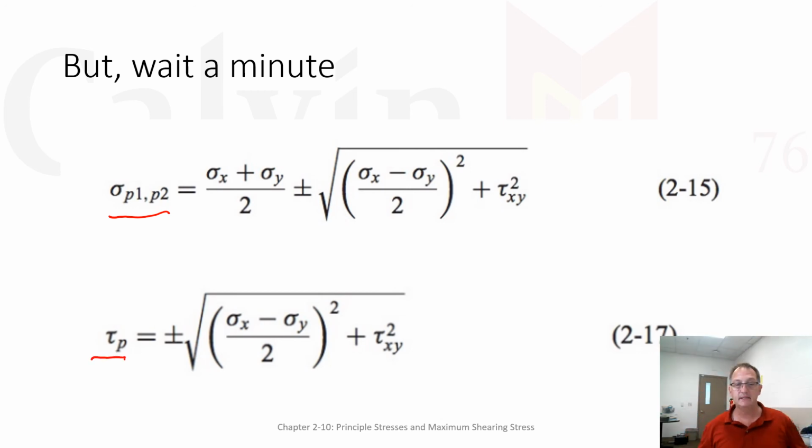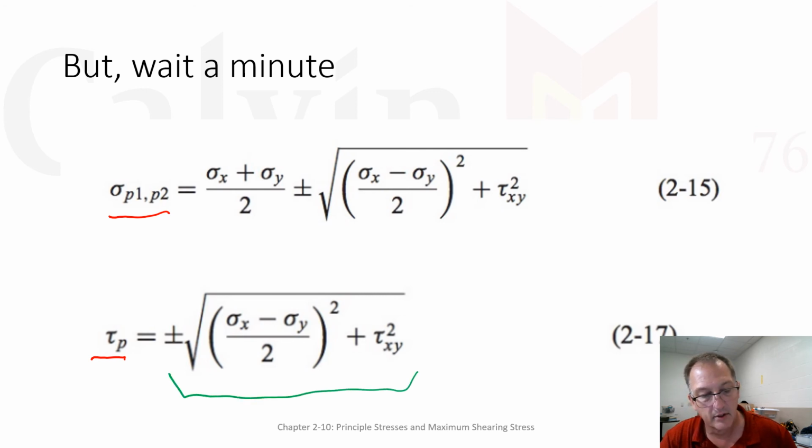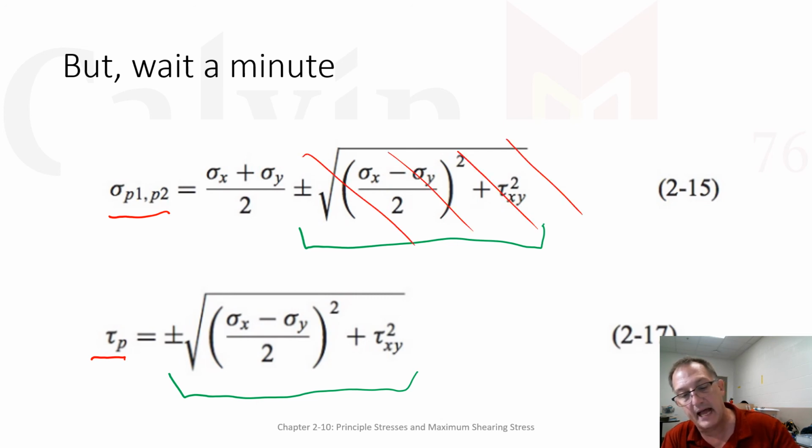But what I want you to see is that this term here, the principal shear stress, is just that add-on part there. This could be rewritten. I could get rid of that and simply replace that with the principal shear. And that's important.